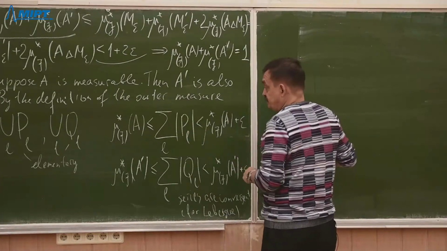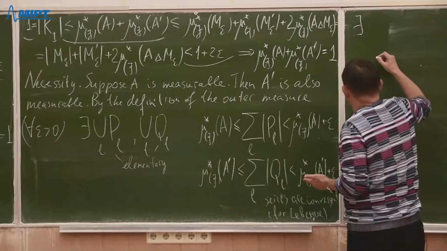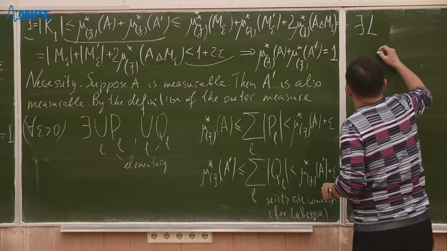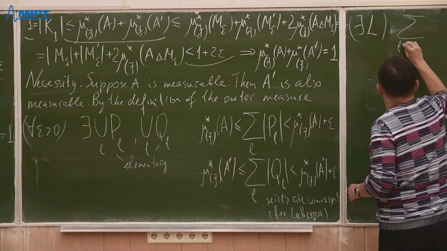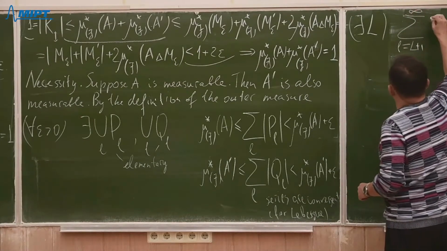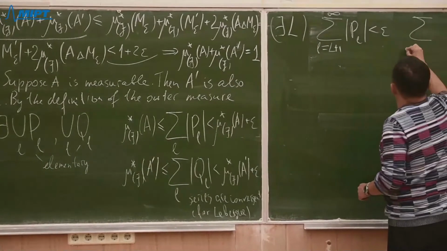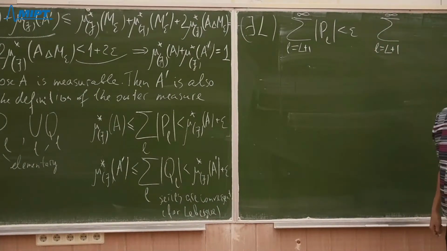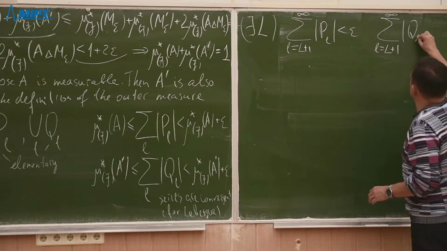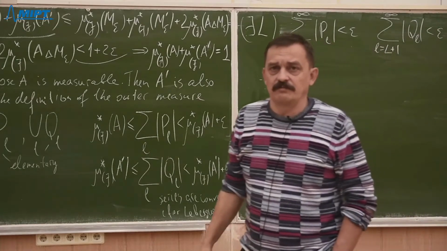Hence, for this epsilon, there exists a number, let's say capital L, such that the sum from L plus 1 up to infinity is less than epsilon. I don't want to introduce two different numbers, so the remainders will start from the same number.